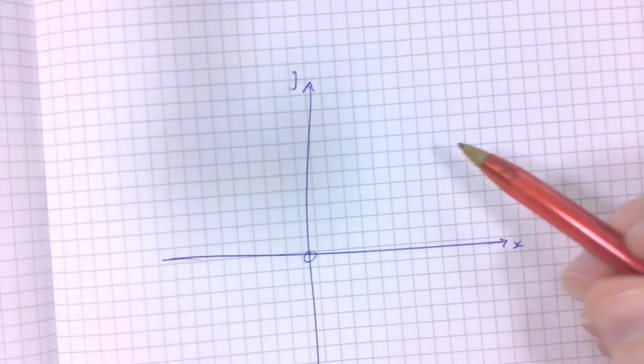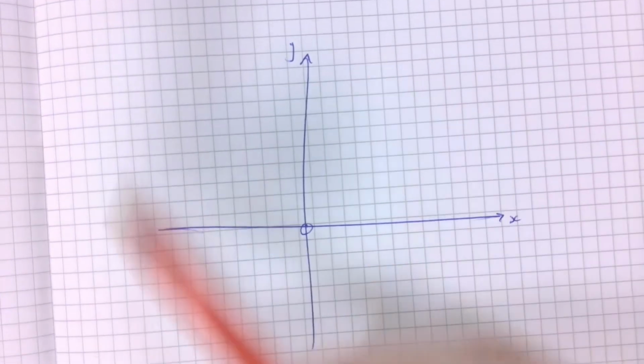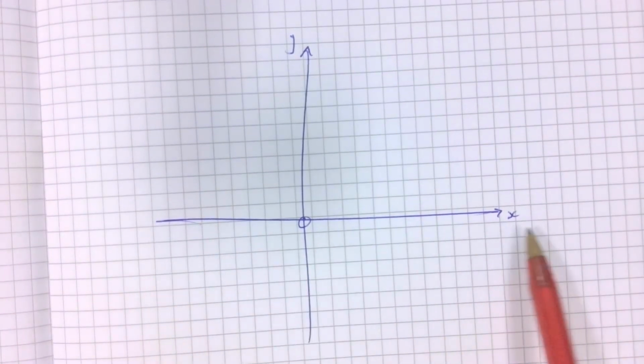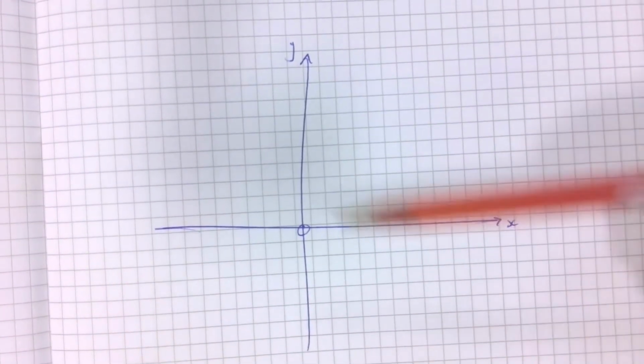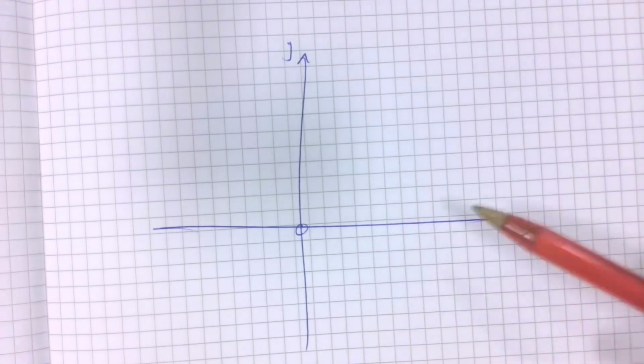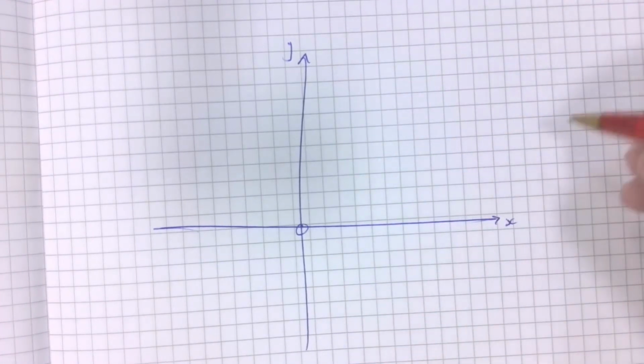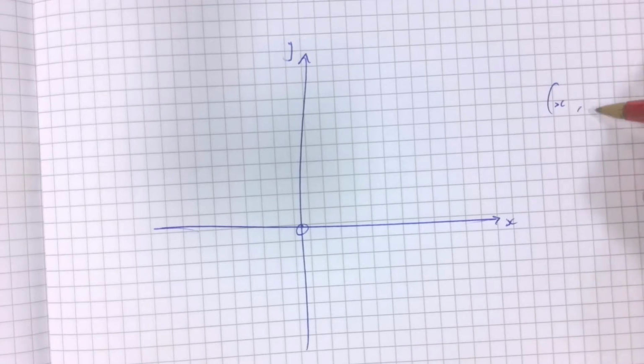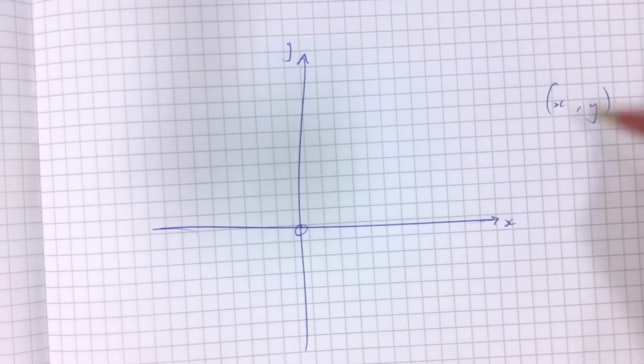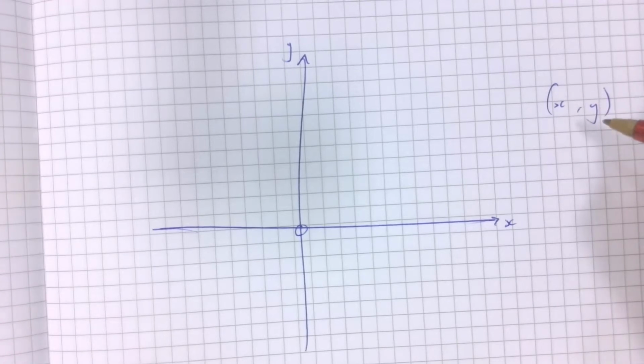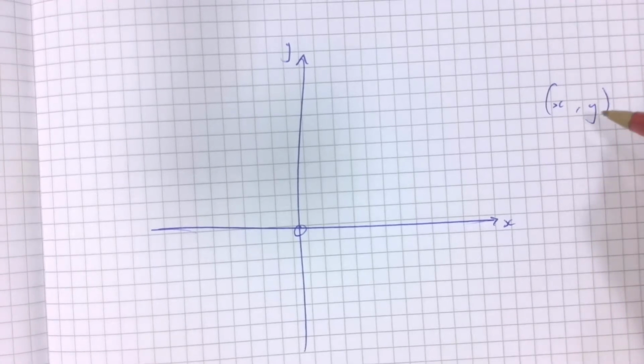Right, for that, let's begin with your traditional two-axis grid. Not Pablo Picasso, not perfectly drawn, but it's just a representation. So the x-axis is the horizontal line, the y-axis is the vertical, and you know that every coordinate features a certain distance along the x-axis, being the first number in a coordinate, and a certain distance up or down the y-axis vertically is the second number of the coordinate.